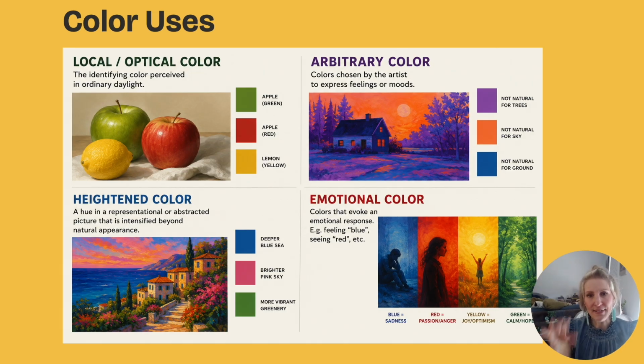Heightened color is a hue in a representational or abstracted picture that is intensified beyond natural appearance, right? So it's an intensified use of color. And then emotional color. So colors that evoke an emotional response, like feeling blue or seeing red, right? These are different emotional uses of color.